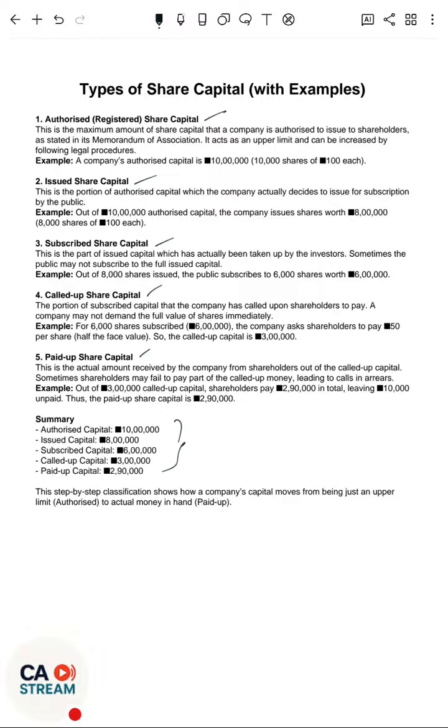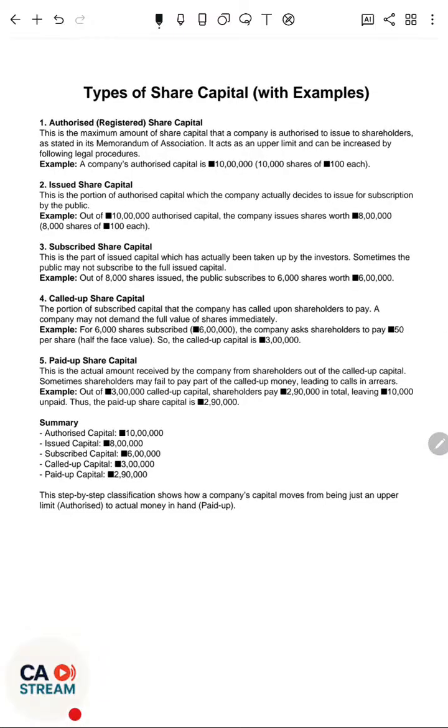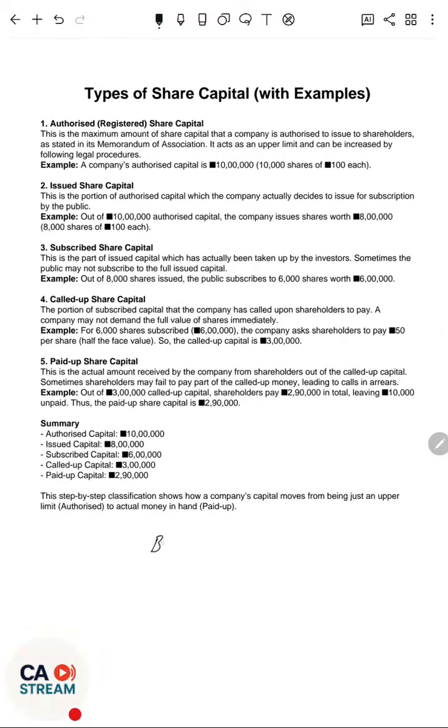See, the share capital. What do you mean by share capital, sir? Why is the share capital required? Say, for example, once the business is established, whether it is a sole proprietor concern, a company or a partnership firm, capital is required, money is required.